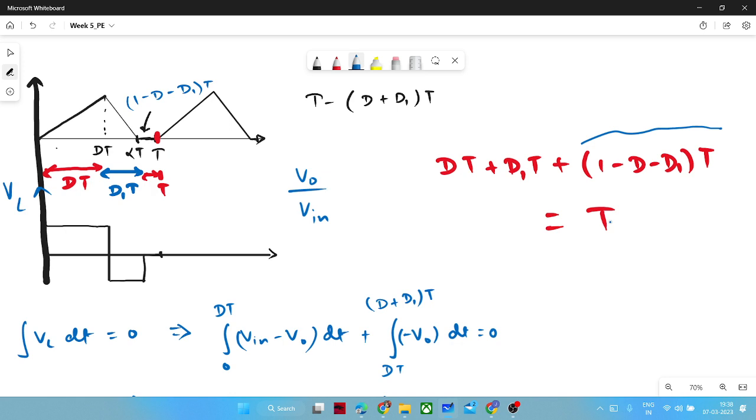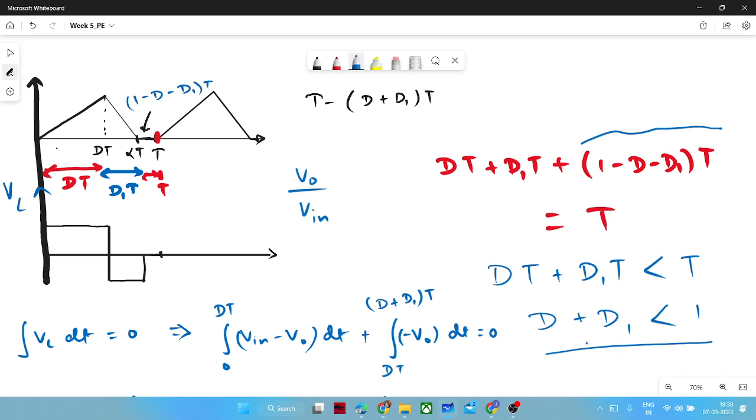Yes, this I understood, sir. Now, if it is equal and we are removing this component from everything, it will be less than T, right? dT plus D1T should be less than T. And further, it will lead to D plus D1 is less than 1, right? Yes, sir. You agree till this point?